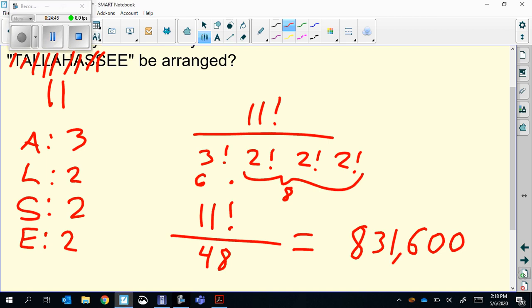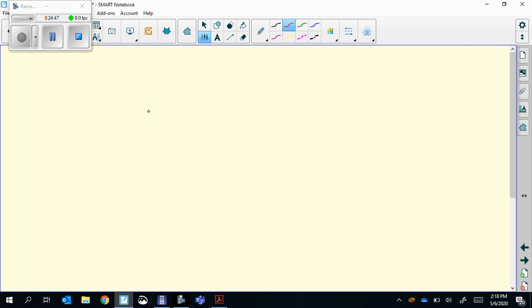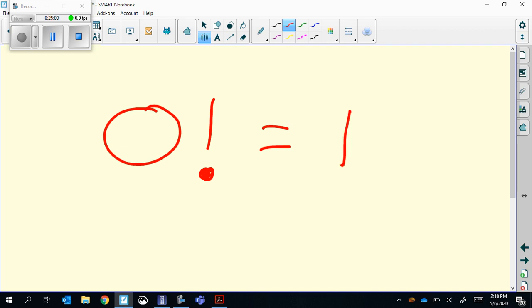There's just one more thing to add on, just a fact. 0 factorial, which is weird because remember we said we count down, but if you count down from 0 to 1, you can't even do that. 0 factorial is actually just 1. That's something just worth memorizing, basically.